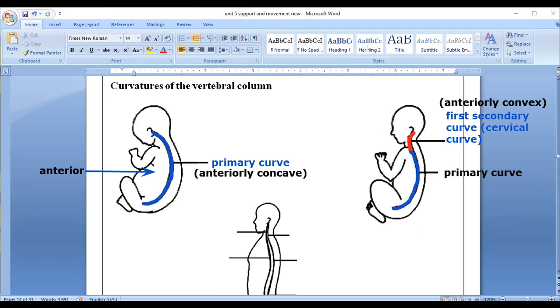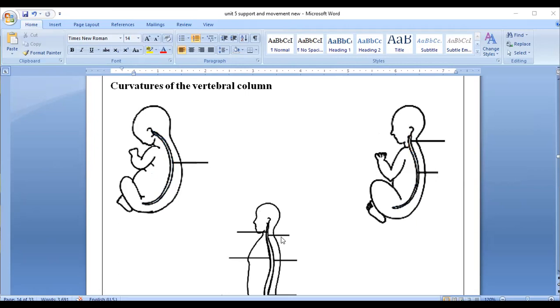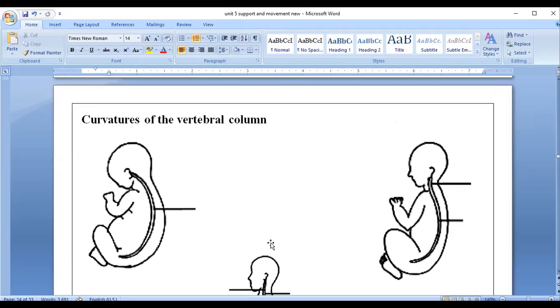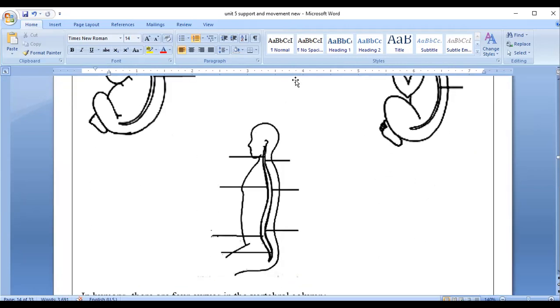Okay? Okay, sir. Right. Now come to the last picture. In the last picture, what is written for the first line? Anteriorly convex.